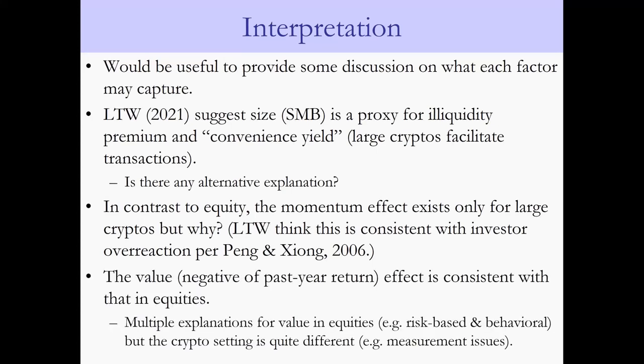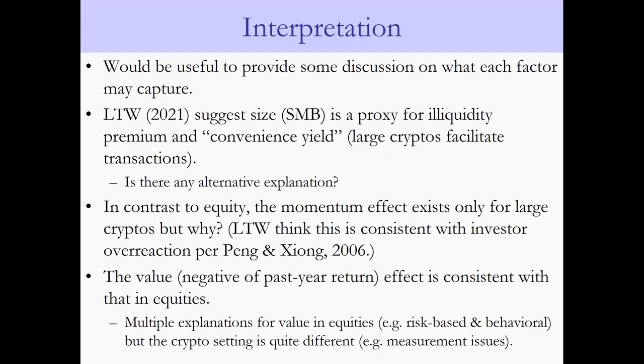The value factor, which is really the negative of the past year return, is consistent with the observation in equities. There were many different explanations for value in equities, including risk-based ones and behavioral ones. But it seems like the crypto setting is quite different.